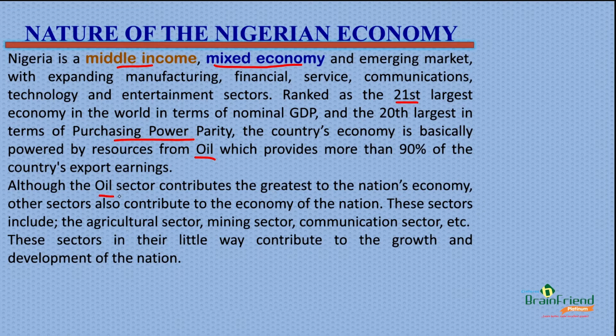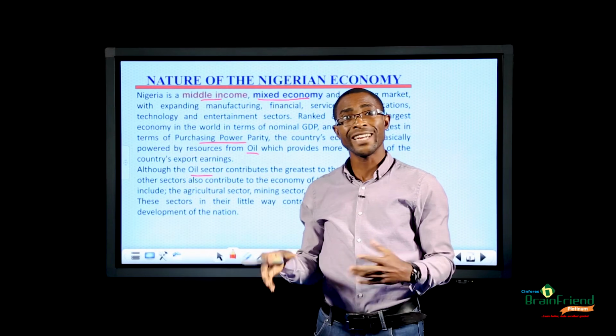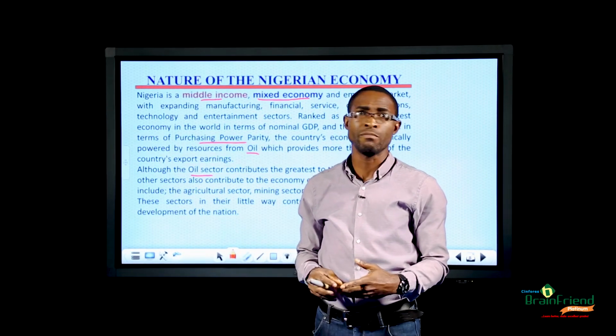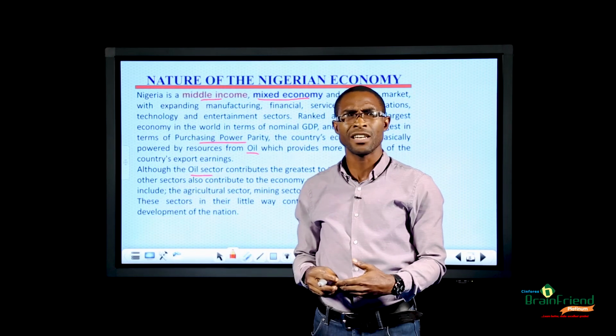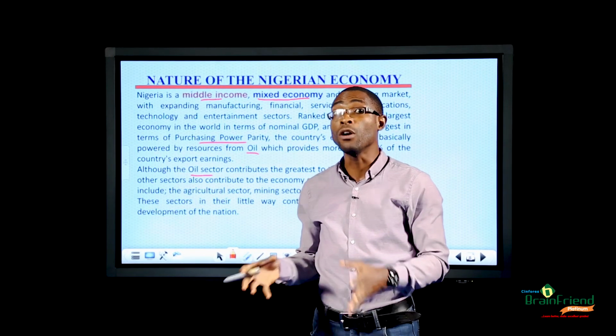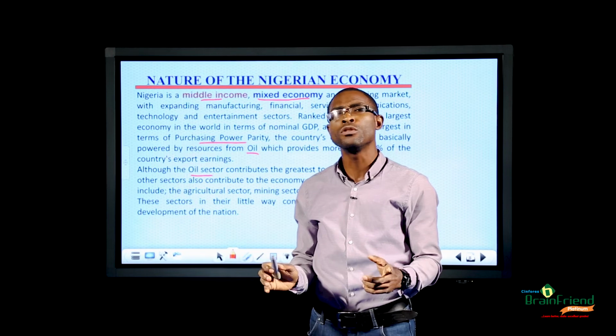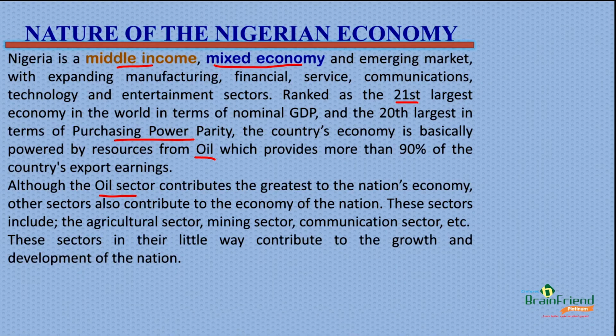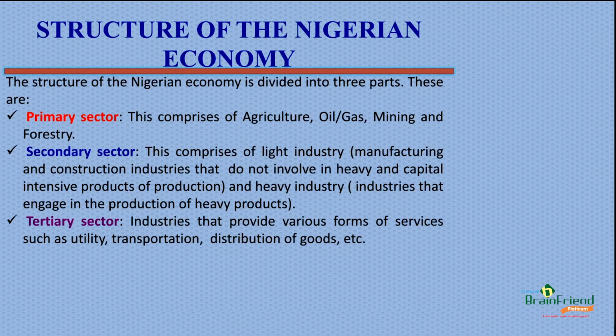Although the oil sector contributes the greatest to the nation's economy, other sectors such as the agricultural sector, the educational sector, the mining sector, the health sector, and the telecommunications sector, among others, also contribute to the nation's growth and development. Let's proceed by looking at the structure of the Nigerian economy.